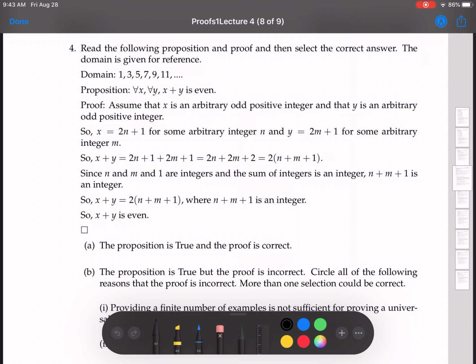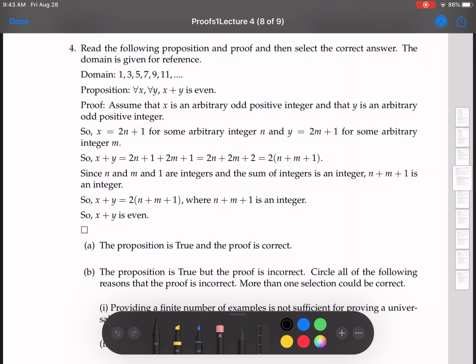So pretend that you don't know that the proposition is correct, and think about how you would actually go about figuring this out. What I would do is try some examples and see if they work. In other words, pick some x in the domain, pick some y, add them together, and see if the sum is even.